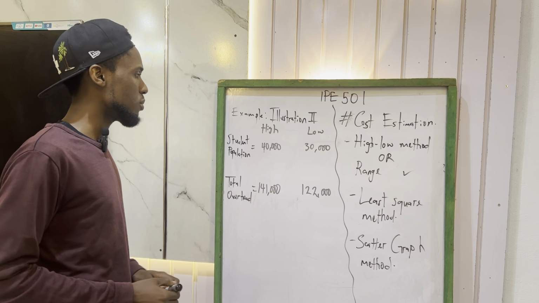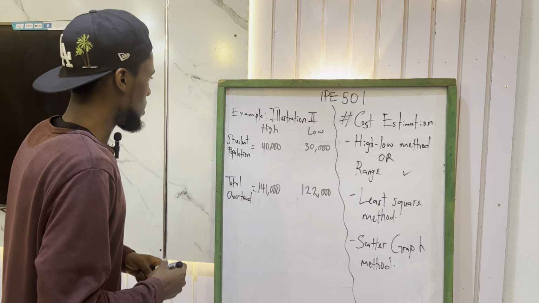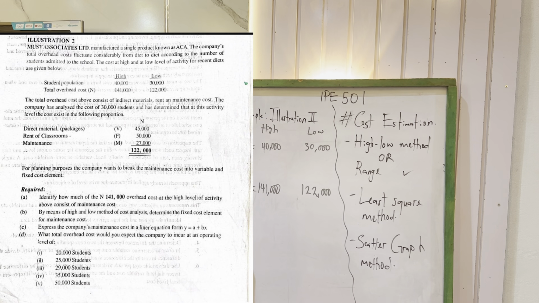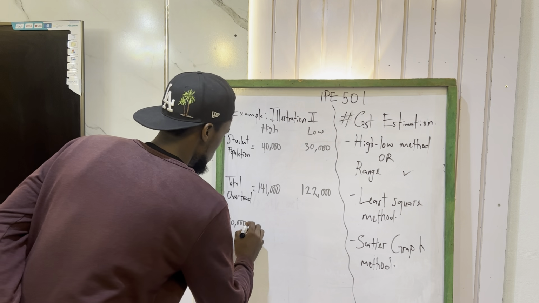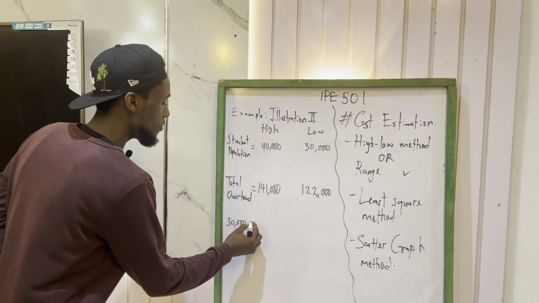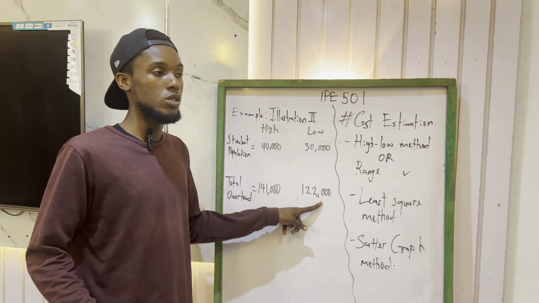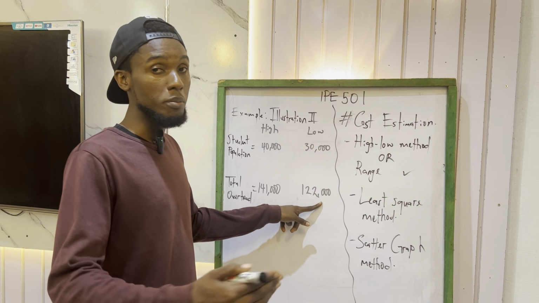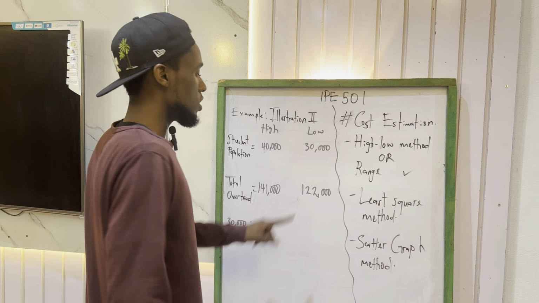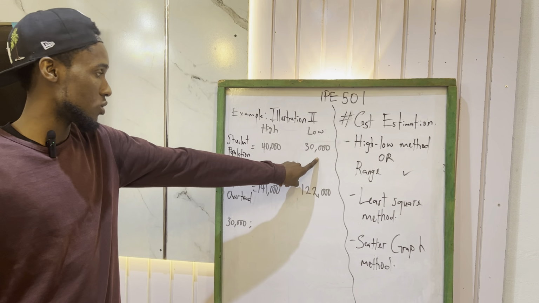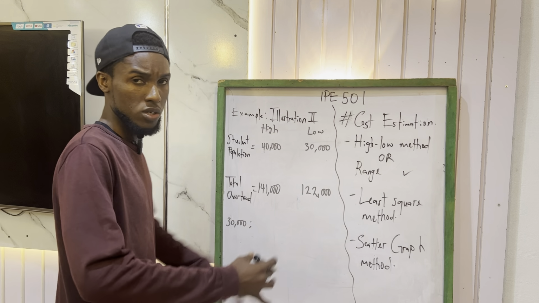All right, so we have this information. Now they told us that for the low student population, for 30,000, this is the total overhead cost. And I said the total overhead cost is the combination of your fixed cost, your variable cost, and your mixed cost. So for the low student population, that's 30,000, they gave us the breakdown.